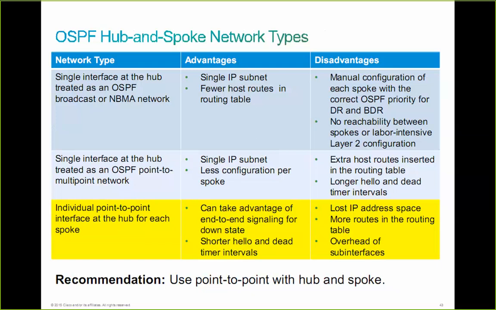The disadvantage of point-to-multipoint design is that additional host routes get added into the routing table because each link between the routers, the hub and the spoke routers, is a different subnet. So that means that for every spoke router, we're introducing an additional route into our routing table.